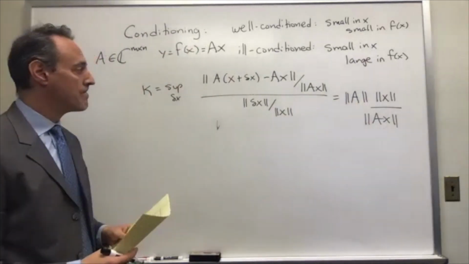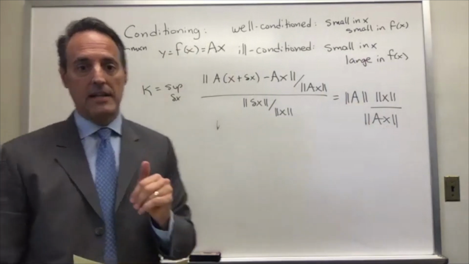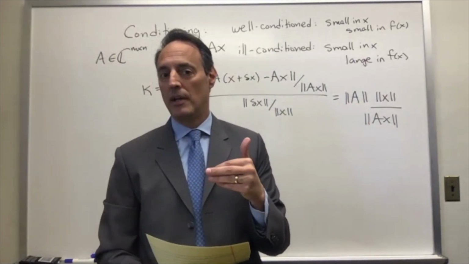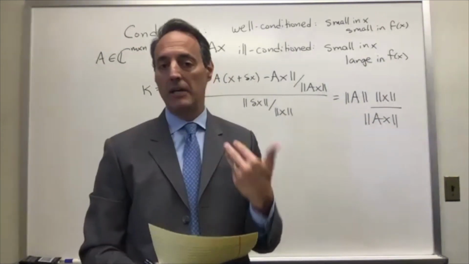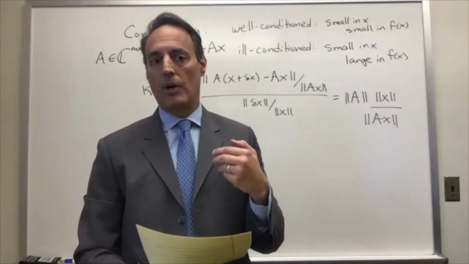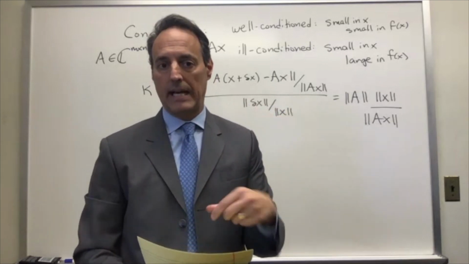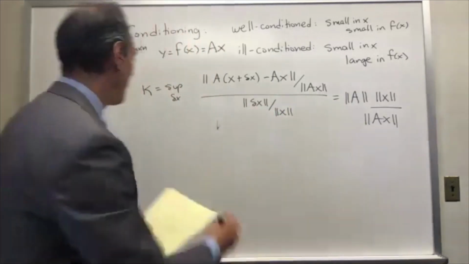Okay. Now I'm going to start relating this to some things we actually know around the matrices themselves. We're going to consider square matrices first, and then rectangular matrices second. So let's do the following.